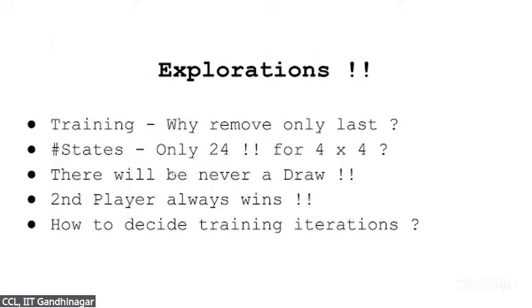And of course, how to decide a training iteration, meaning looking at the game, how do you come up with, say, how many times to play, what to do, how much training to do. These are the things anyone building a machine learning or AI model has to think about and work around. And that's where a lot of interesting things would happen.